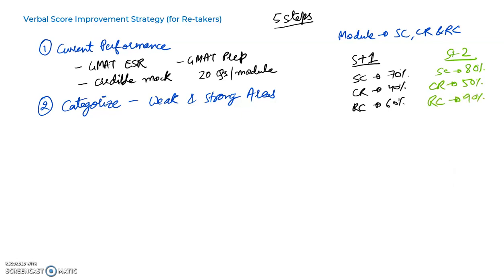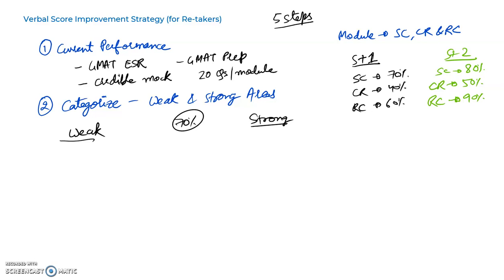Now how do we categorize the modules into strong and weak areas? It's pretty simple. All you have to do is create a clear-cut demarcation between them. And the easiest way to do that is to create a 70% benchmark to categorize which module gets into the weak area and which one gets into the strong area.